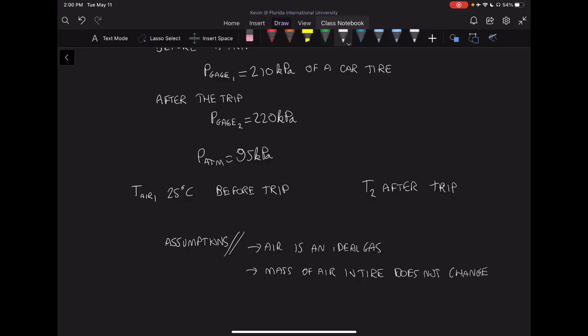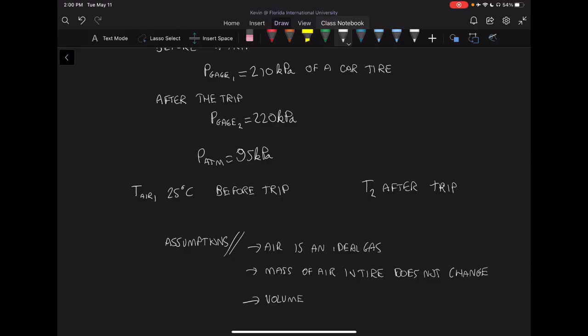We're told no information that the mass is changing, so we're just going to say that it does not change. And since the tire is a pretty rigid system and the pressure hasn't increased that much, we're also going to assume the volume is the same.